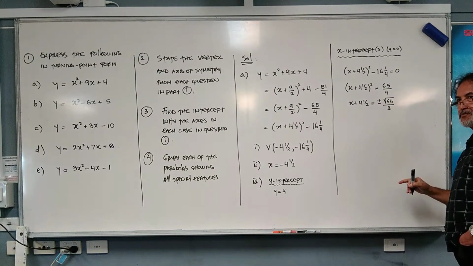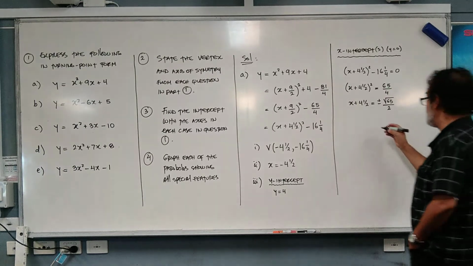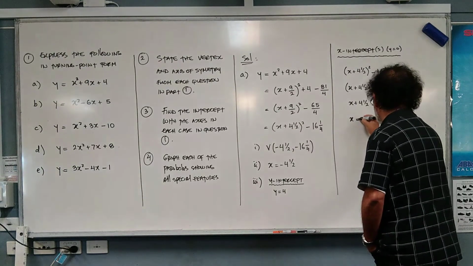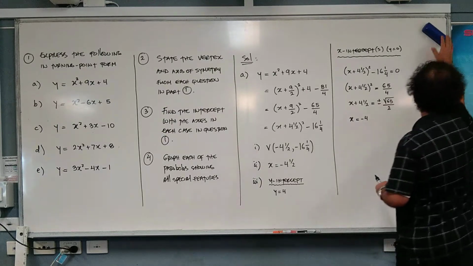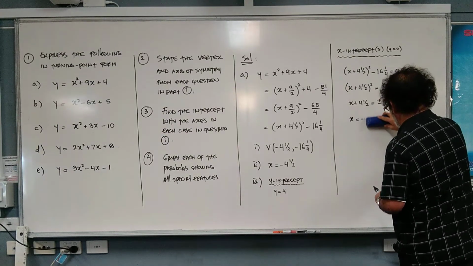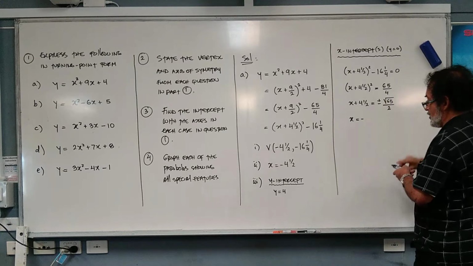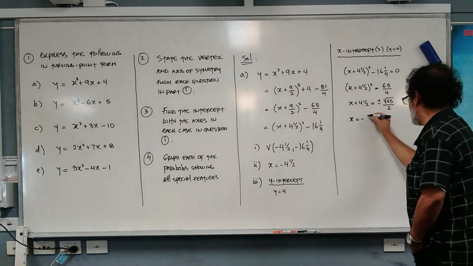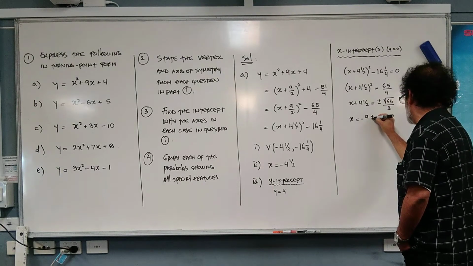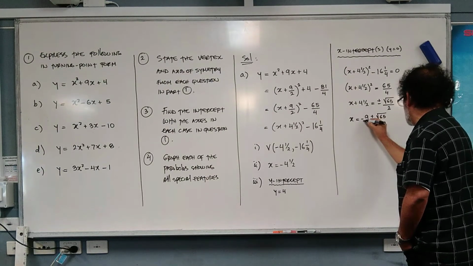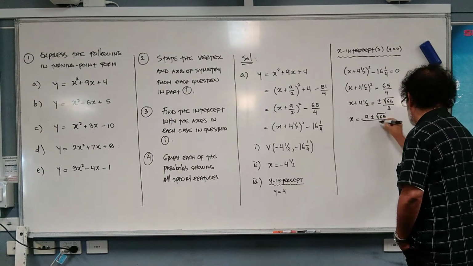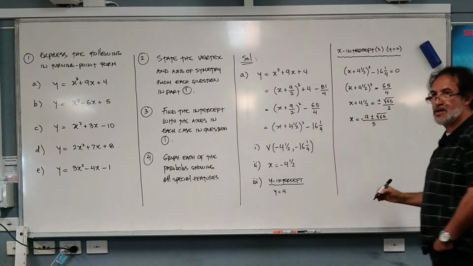Then x is equal to negative 4.5, or better, since that was 9 over 2, x equals negative 9 plus or minus the square root of 65, and they share the same denominator.